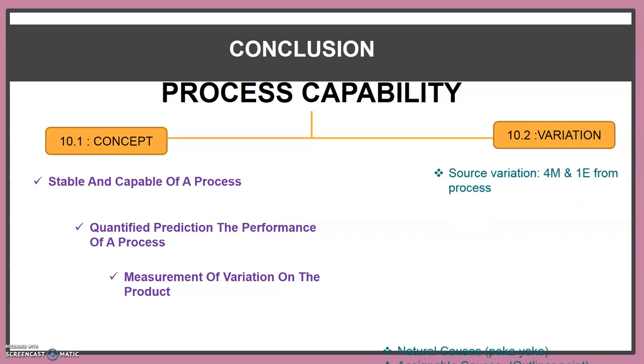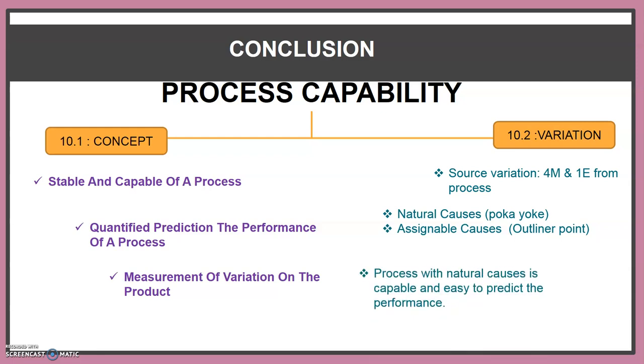The variation comes from the sources of 4M, 1E. Normally natural causes can be solved by Pokayoke. Assignable causes have to be solved immediately. Outlier points from the control chart. Lastly, a process with natural causes is capable and easy to predict the performance.